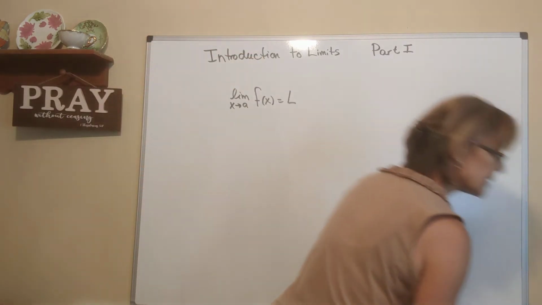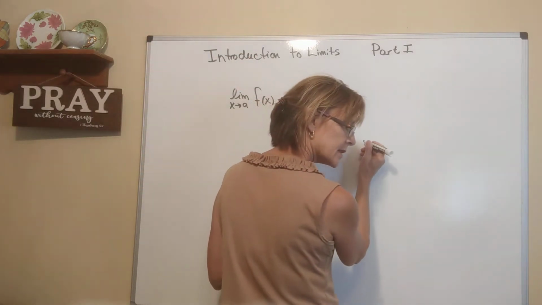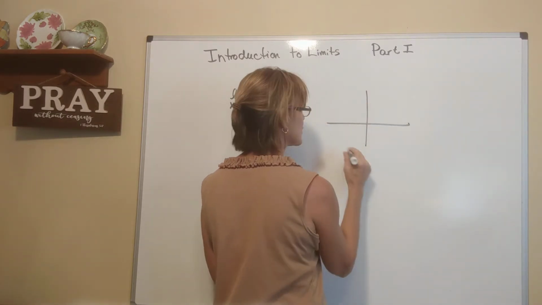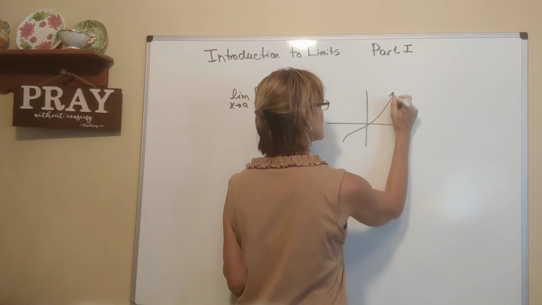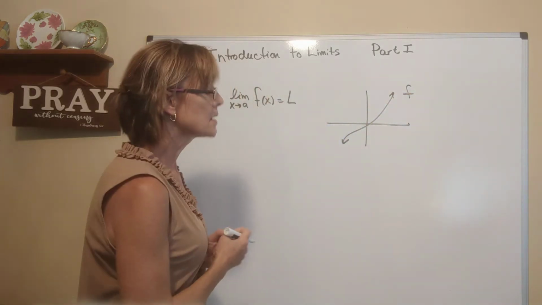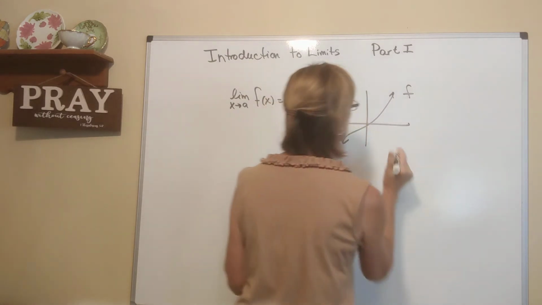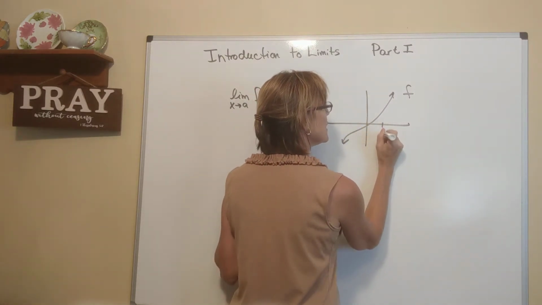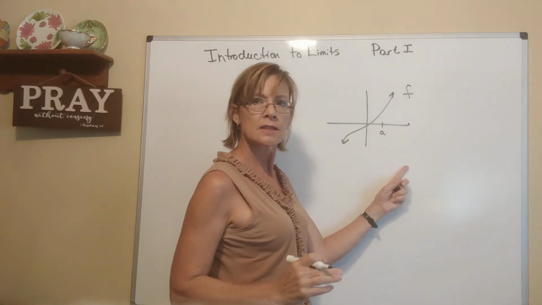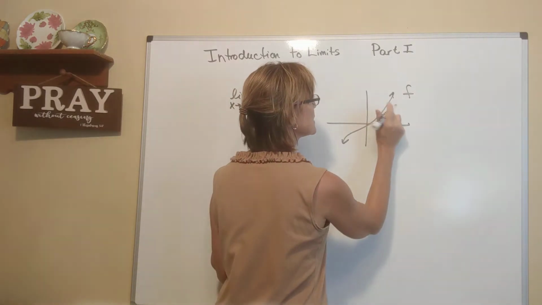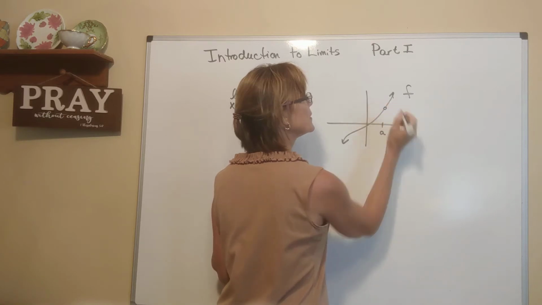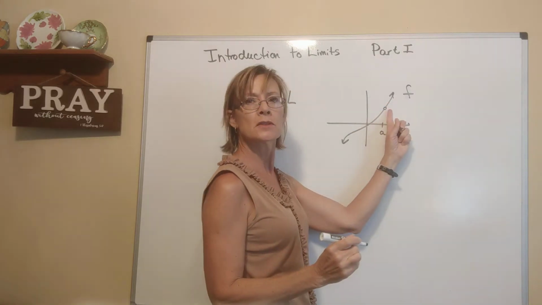So here is a function right here. Let's discuss if we've got some function here, and this is going to be called f, okay? This point right here is a. This is the value of x on the x-axis called a. Let's say it goes up here and hits this, and maybe this is an open circle.